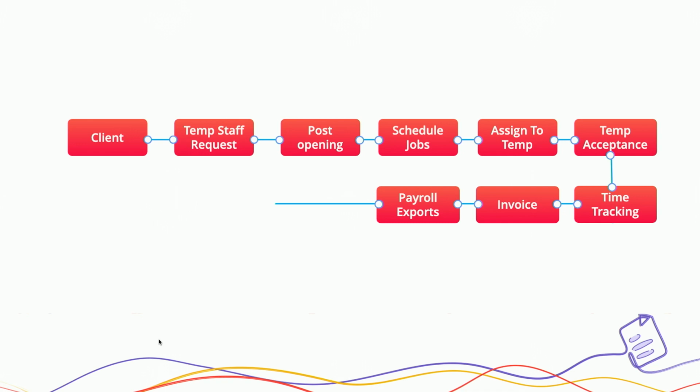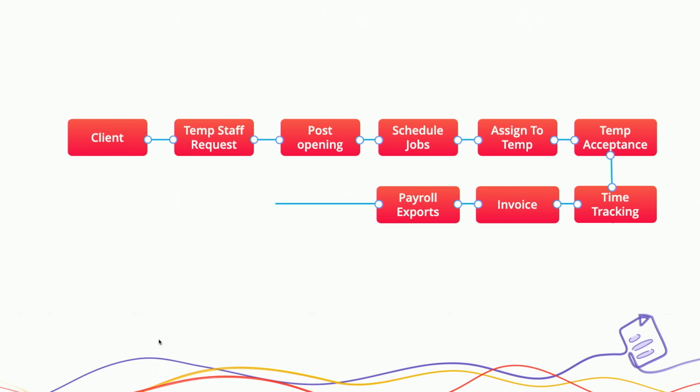Based on the kind of requirement and preferences that they have for specific workers, they create those jobs and assign the jobs to temps. Now, it's not mandatory that all the temps should accept the job that they are being offered. A temp needs to accept the job. When they accept the job, they start working, they start doing time tracking, then they start invoicing, and then the whole cycle of billing and everything comes into play. This is not something that you can model inside Zoho Recruit.